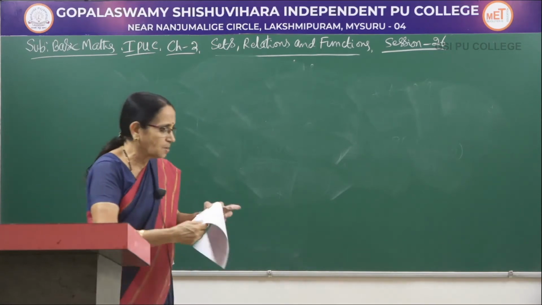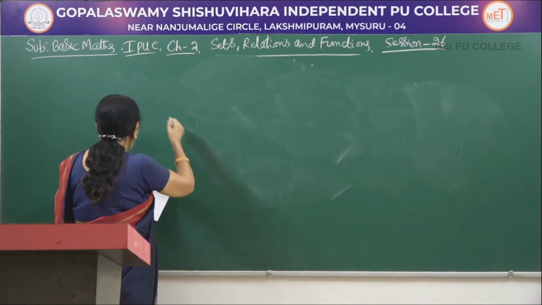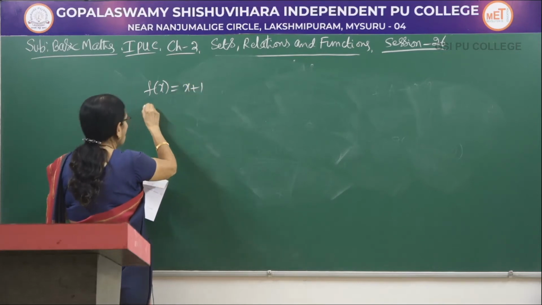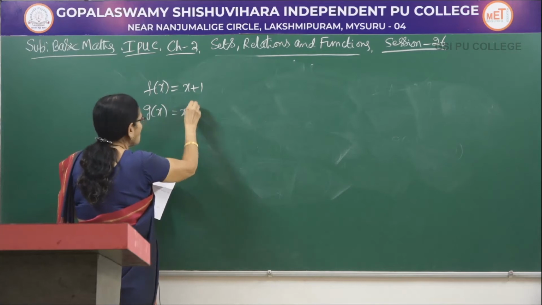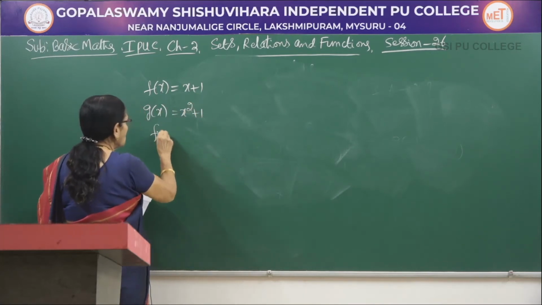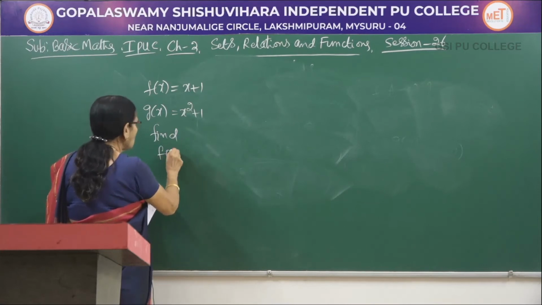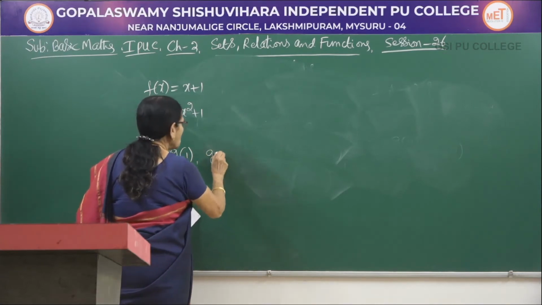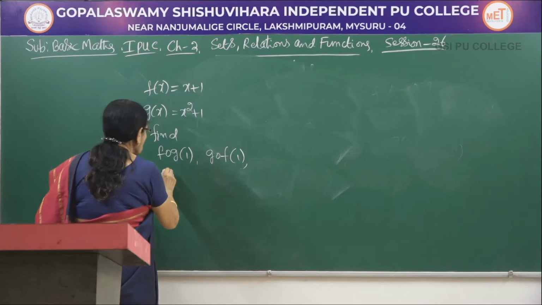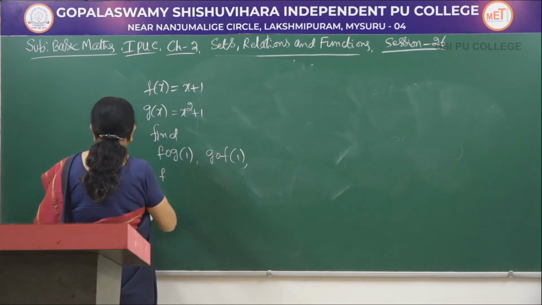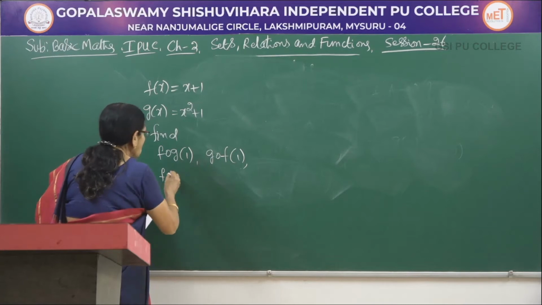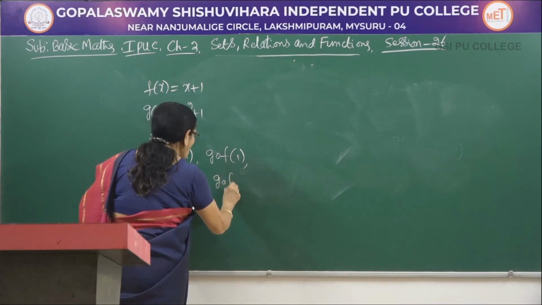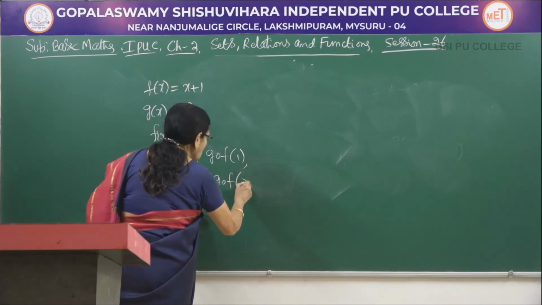Now the problems are like this. Let me consider the first problem. If f of x is equal to x plus 1 and g of x is equal to x square plus 1, then find fog of 1 and gof of 1, fog of 2 and gof of 3.